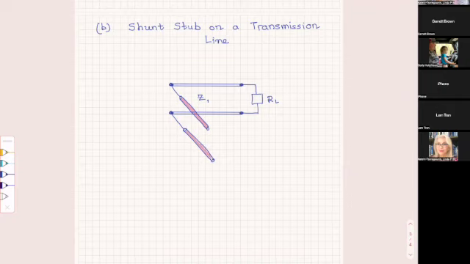Assume it's a short. Okay. And let's assume that this is 0 and that is 0.